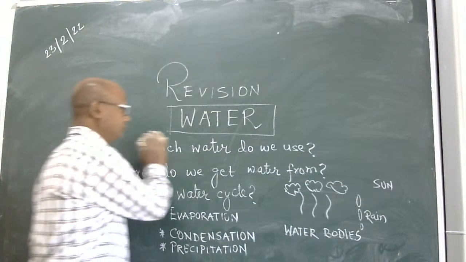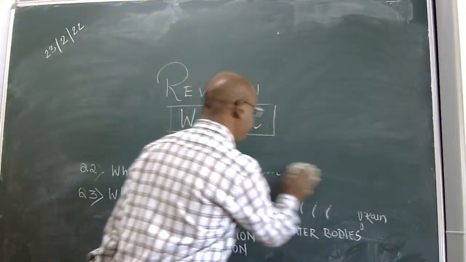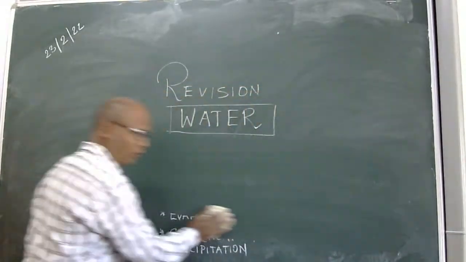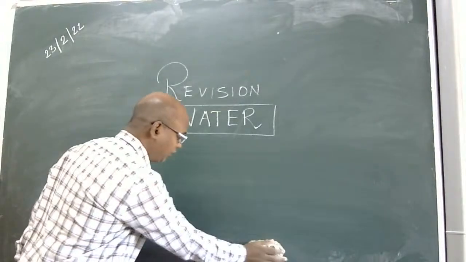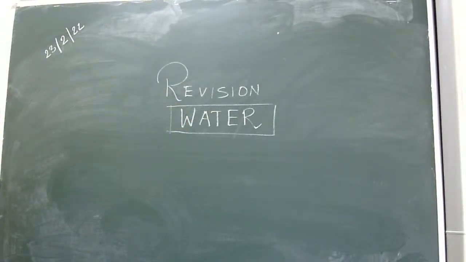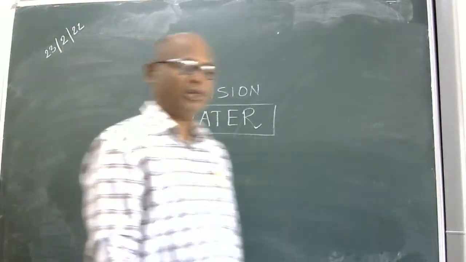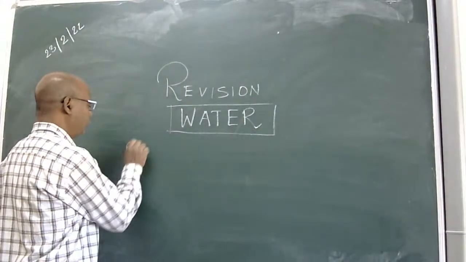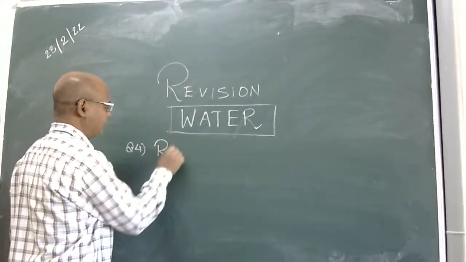That means those places are dry, and the people there suffer from the water scarcity problem. Therefore, the water harvesting technique is very important. Question number 4: you have to write about rainwater harvesting.